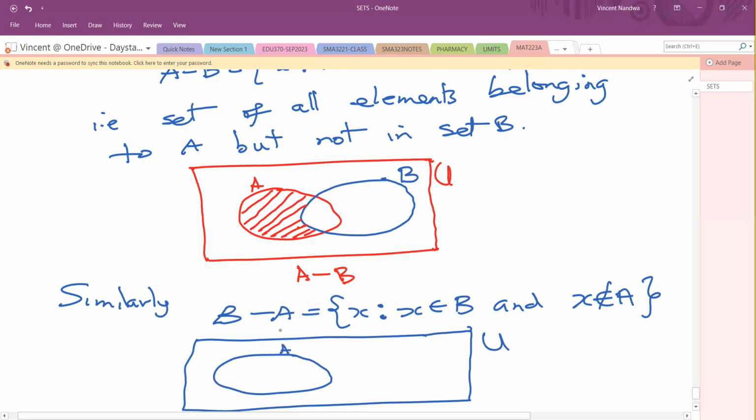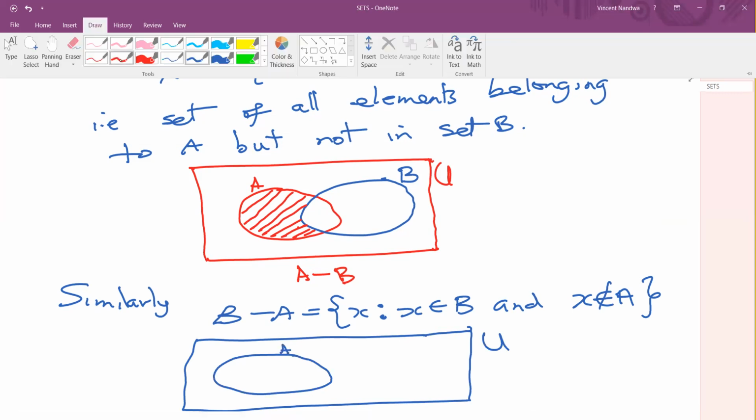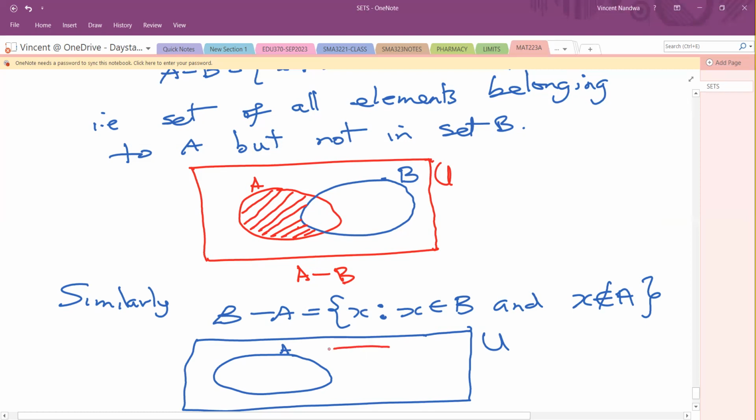If this is set A, and then this is set B, we refer to this as the set B minus A. You must be exclusively counted to be in the set B.